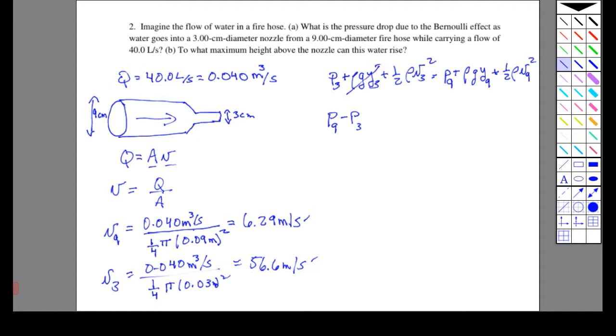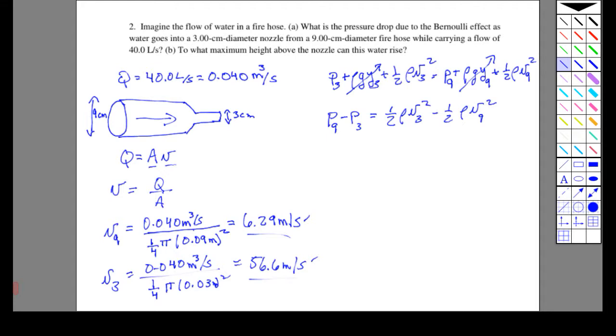We know we can assume these things are at the same height, so those two terms will cancel, and what we're left with is 1/2 rho V3 squared minus 1/2 rho V9 squared. Great. So those two speeds we just found previously, so we can plug those into our equation.